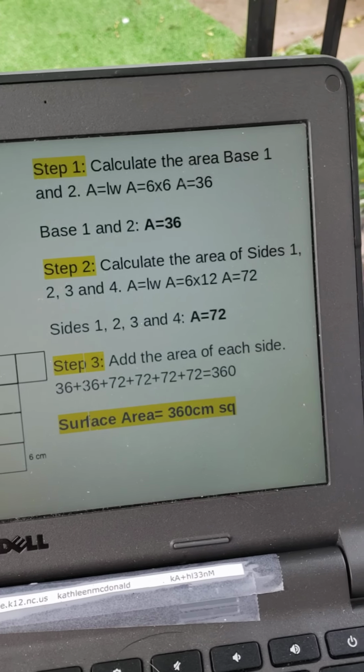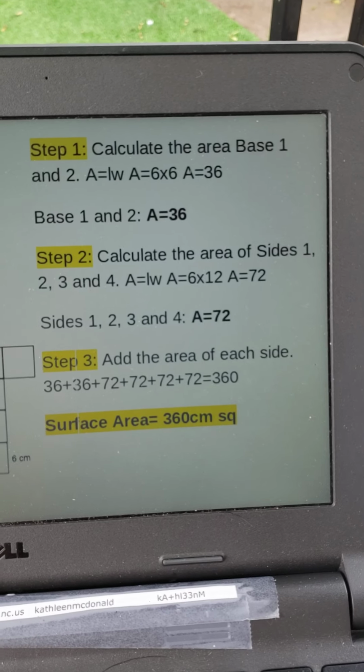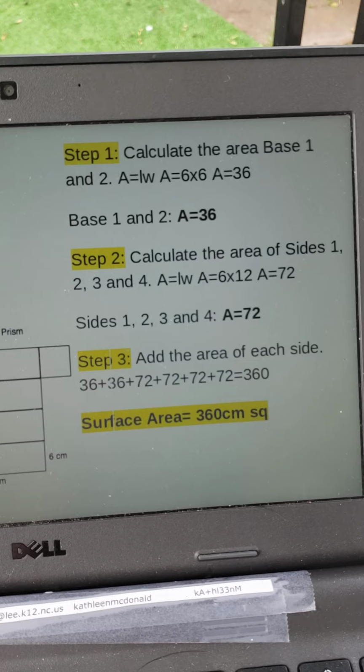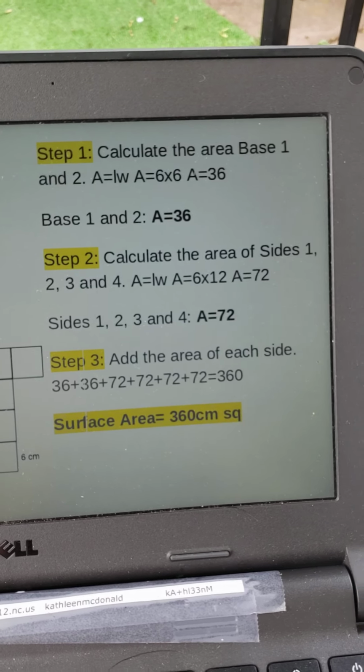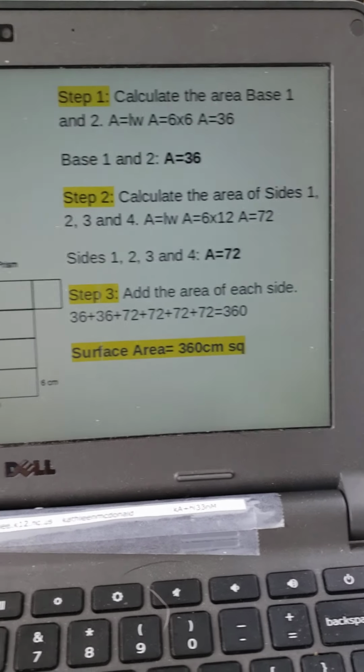So, like I said, the ends are 36. Then sides 2, 3, and 4 are going to be 6 times 12, which is 72. We have 4 of those, plus the 2 ends that are 36, and we get 360 square centimeters.